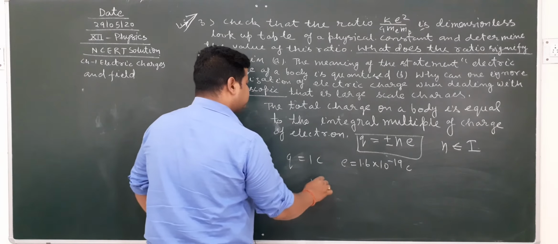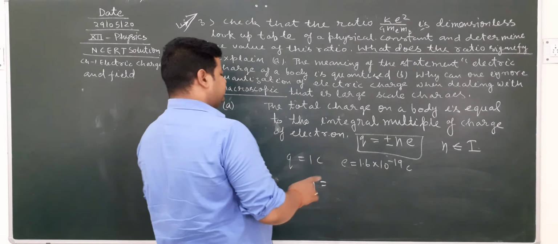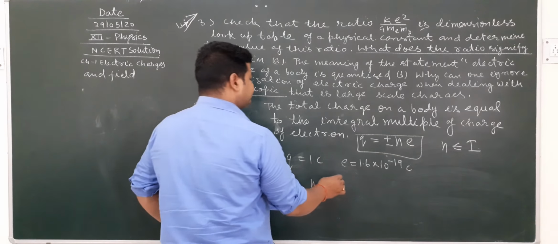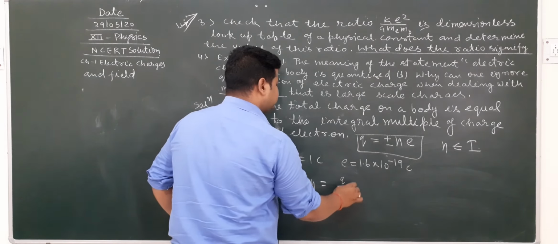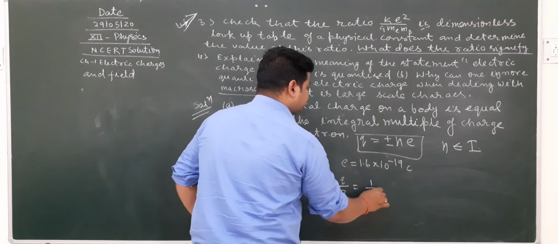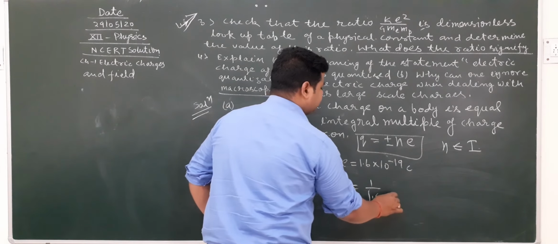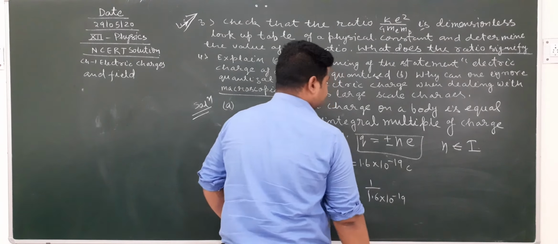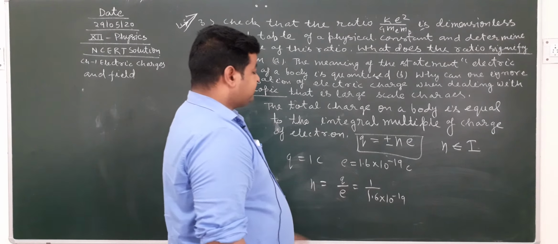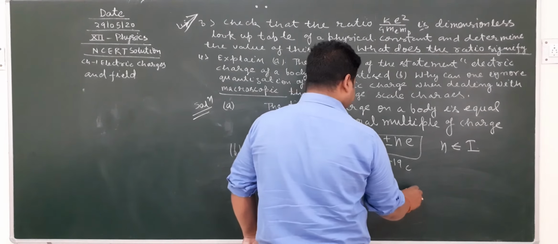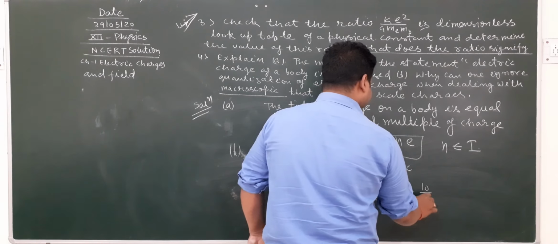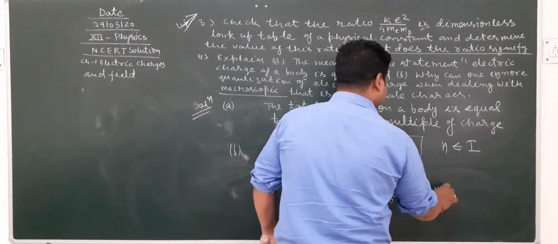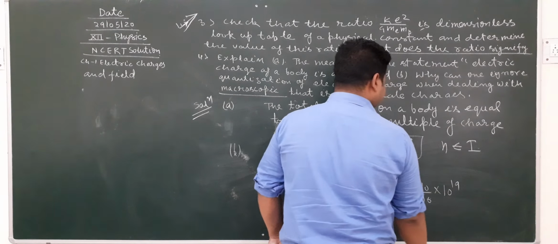So here we calculate number of electrons at macroscopic level. So we write Q by e, so 1 upon 1.6 into 10 raised to power minus 19. After simplification, we get 10 by 16 multiplied by 10 raised to power 19.